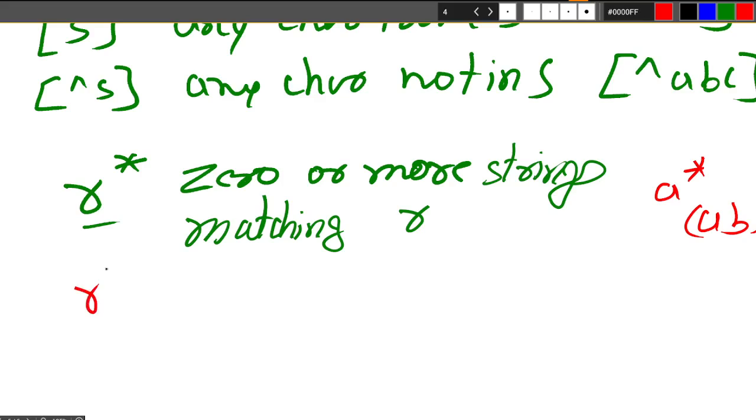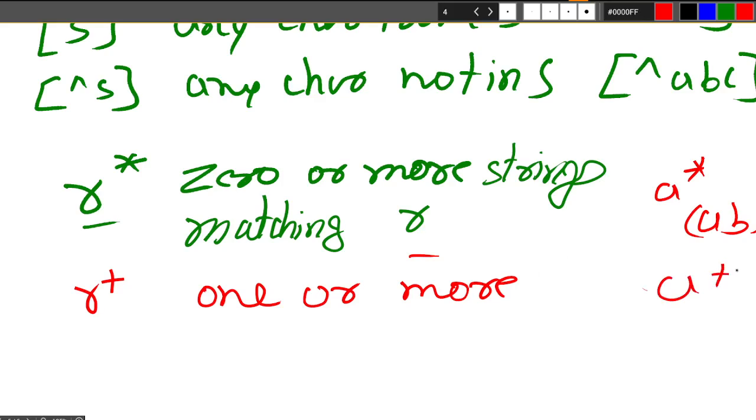Let me write R plus, which means one or more strings matching with R. You can have A plus. In place of this, if you want just either 0 or 1, you can write it as R question mark.